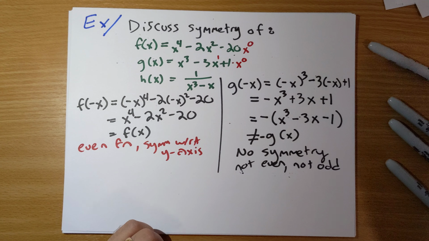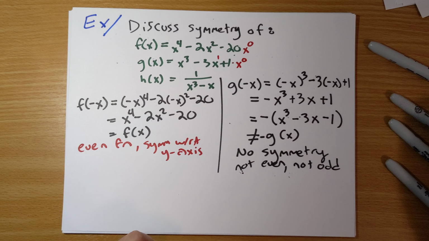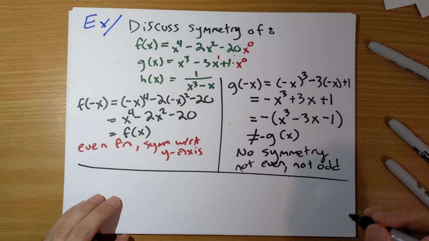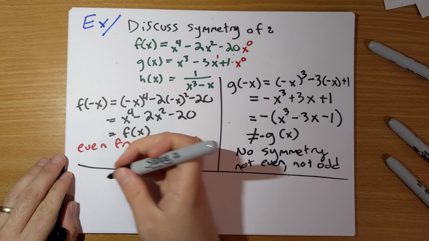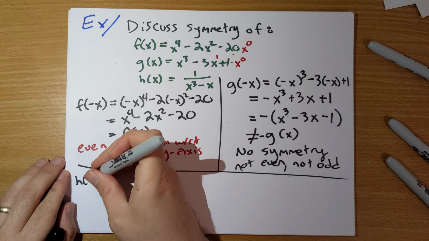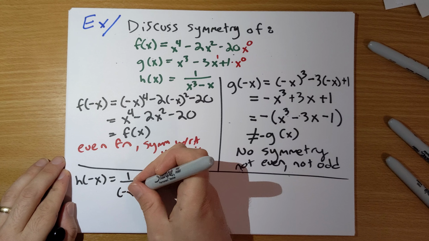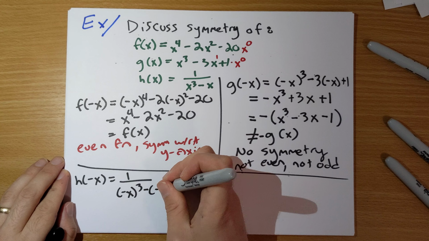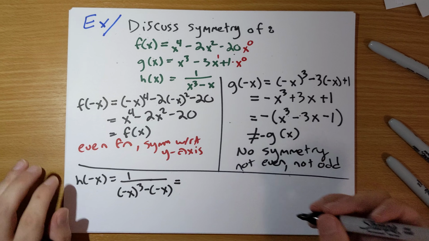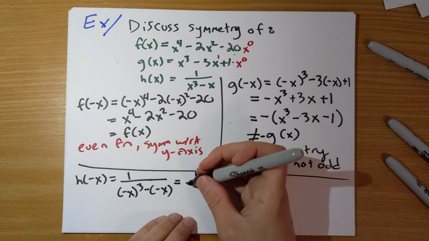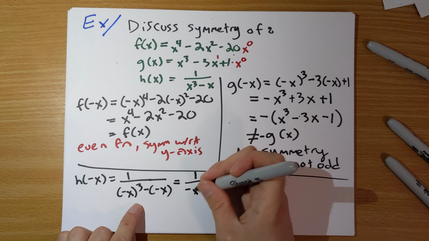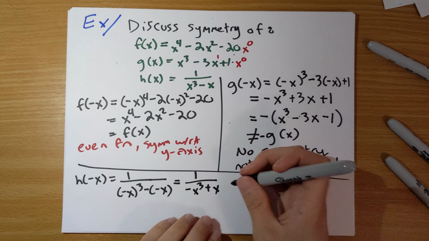Finally, h of x is 1 over x cubed minus x. And so let's do this one. h of negative x is 1 over negative x cubed minus negative x. And so this ends up as 1 over negative x cubed plus x.